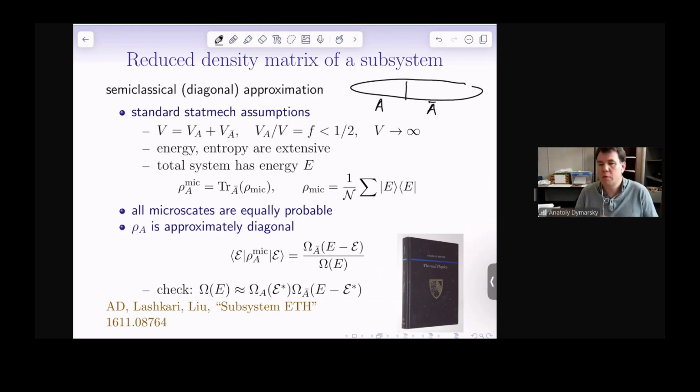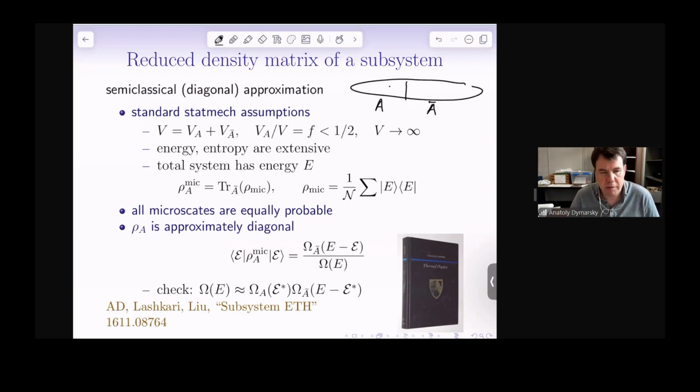Okay, we will assume, as it is usually done in statistical mechanics, that the system is sufficiently large. So quantities which are extensive, entropy or energy, will be dominated by the volume of parts A and A bar, and they will not depend too much on the boundary, because the boundary is only proportional to the area.